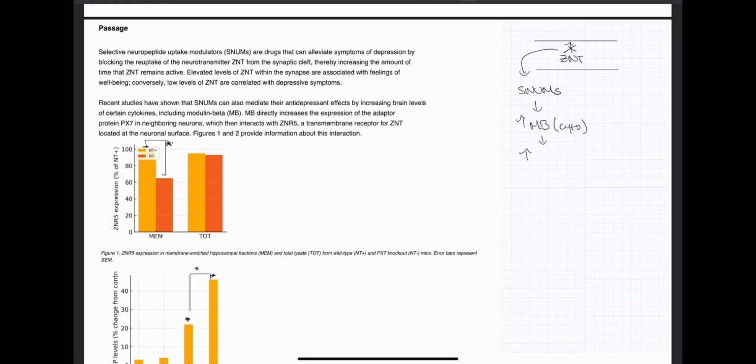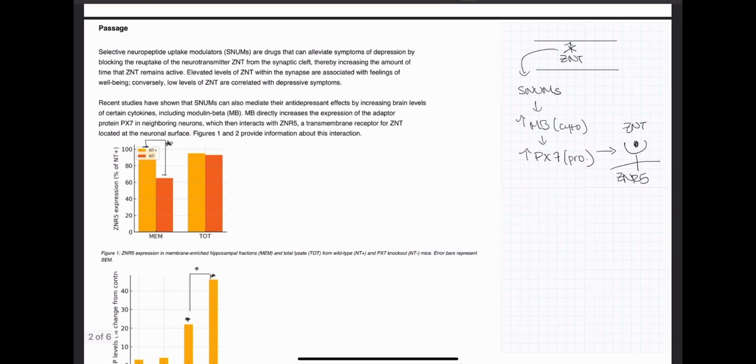So there, MB increases PX7, an adapter protein, which directly affects our, usually I write, this is my transmembrane protein receptor picture. So this is ZNR5, and then ZNT will interact with that. So this is my basic chart. Anything else that I learn from the experiment, I will add on to this flow chart.